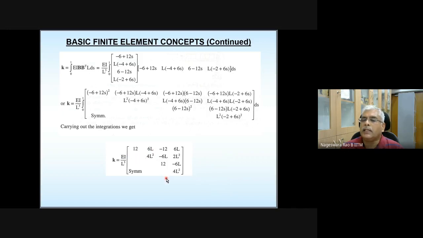All the ij terms are going to be the same as the ji terms. In the stiffness matrix, whichever component is at the ij location is the same as the component at the ji location. So this is the stiffness matrix for the two-node beam element. We adopted a two-node beam element, and for that, the stiffness matrix is given by this.